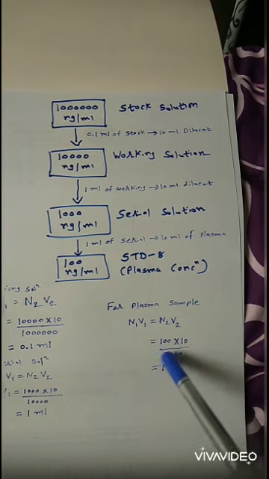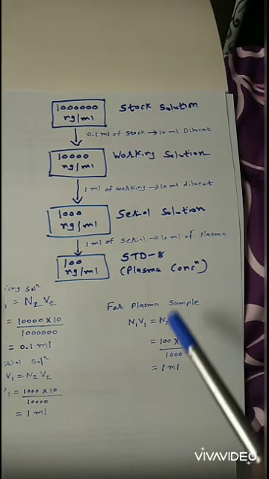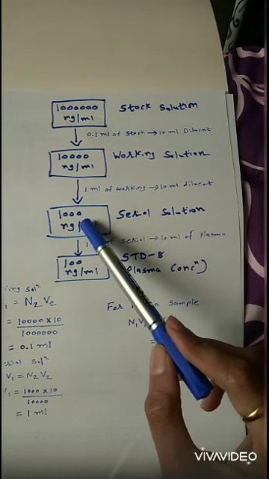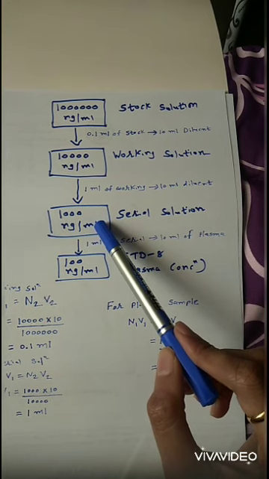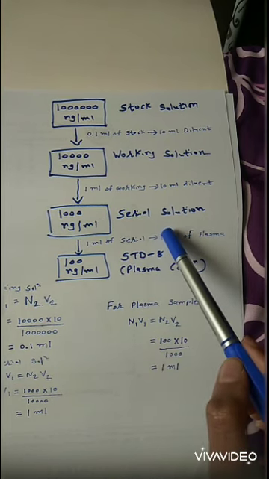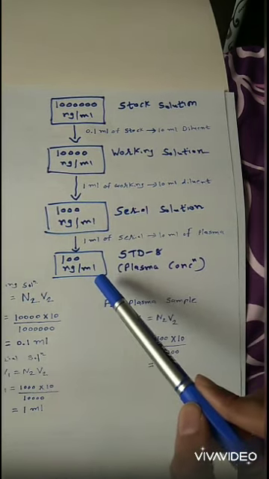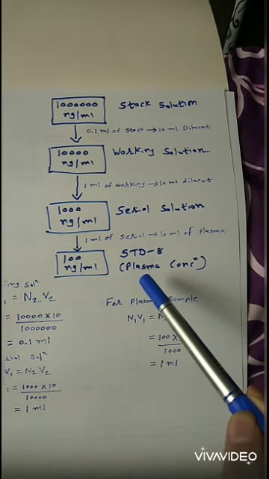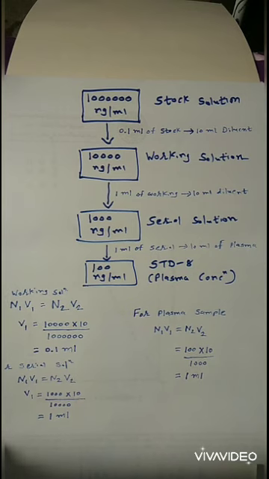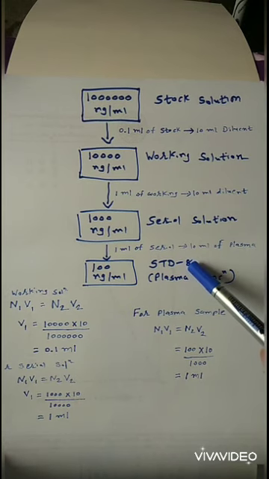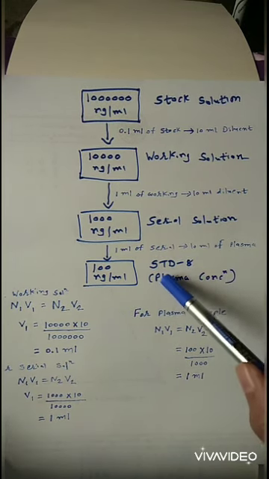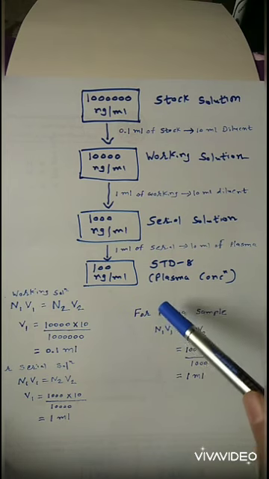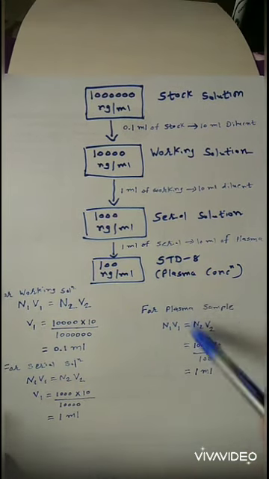So it is 1 ml. That means I need to take 1 ml of serial solution and dissolve it in 10 ml of plasma, and as a result I will get 100 nanogram per ml in plasma, that is standard 8. So here I gave you an example of how to prepare standard 8. Similarly we can prepare standard 7, 6, 5, 4, 3, 2, 1 as well as the QCs by using the same equations.